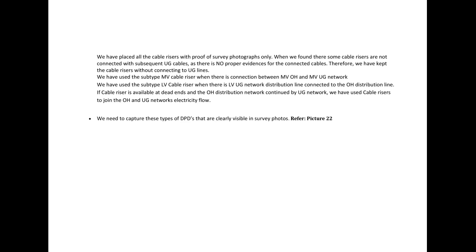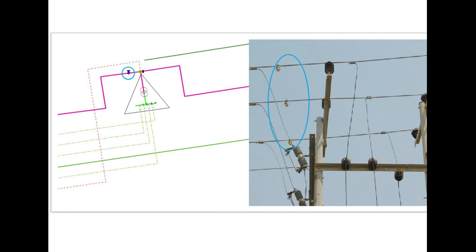We have used the subtype LV cable riser when there is an LV UG network distribution line connected to the OH distribution line. If a cable riser is available at dead ends and the OH distribution network continues as a UG network, we have used cable risers to join the OH and UG network's electricity flow. We need to capture these types of DPDs that are clearly visible in survey photos.